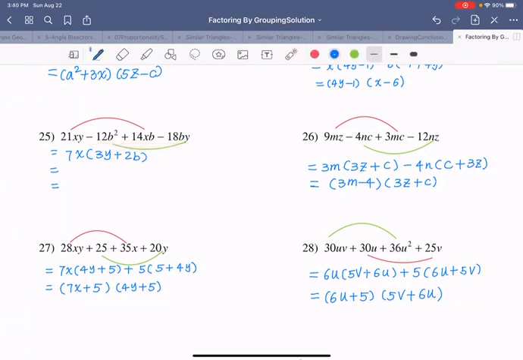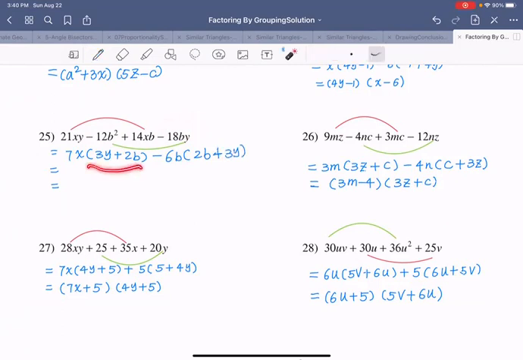Take out the 3, negative 6, right? Yes, 6 and b. So negative 6b. So this becomes 2b. There you go. And the last term becomes positive 3y, plus 3y.